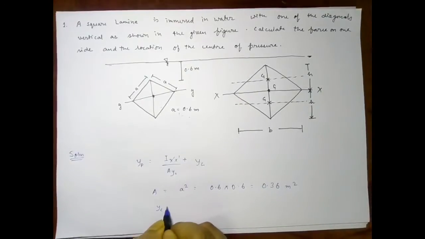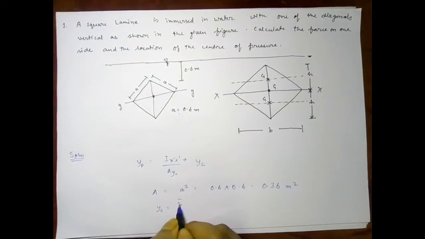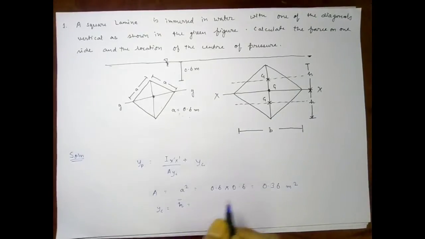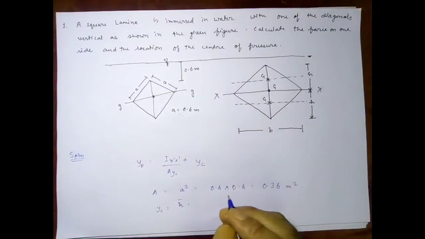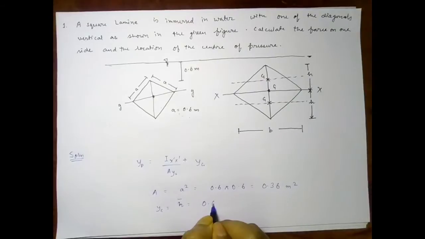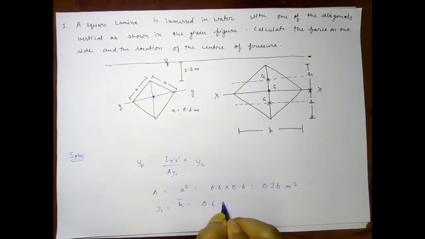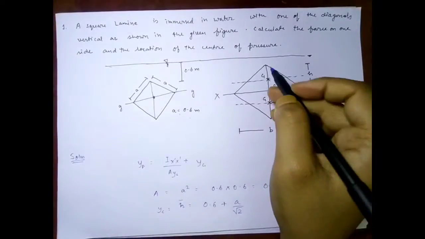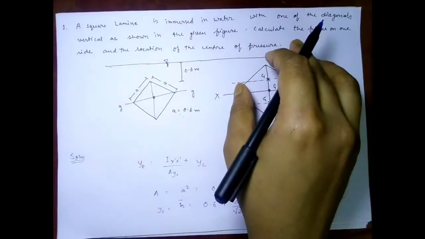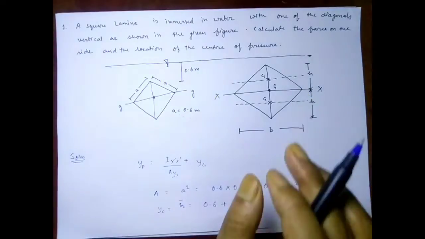And yc is basically h bar, the distance of the center of gravity, and it is equal to 0.6 plus a by root 2 for a square which is kept along its diagonal.